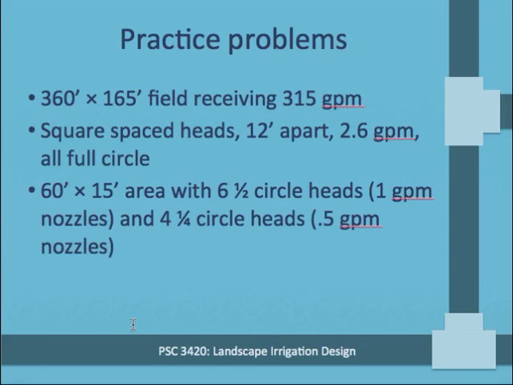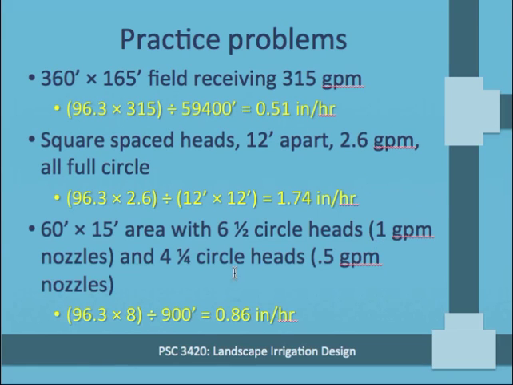Okay. And we know from the given information that we've got 6 heads that are 1 gallon per minute each, so that's a total of 6 gallons per minute. And we've got 4 that are half a gallon per minute each, so that would be 6 plus 2, which would give us a cumulative flow rate of 8.